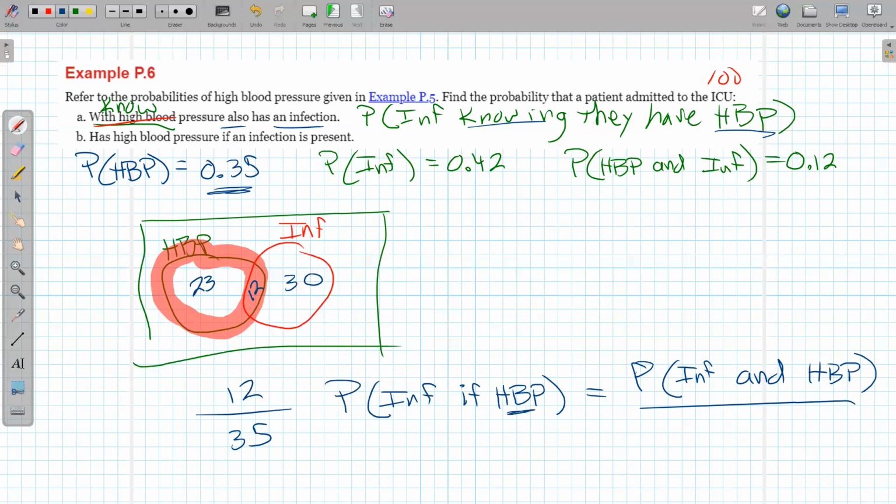That changes the denominator: the probability that they have high blood pressure. So the if is that knowledge. And again, you've got to get used to reading these to figure that out. Find the probability that a patient admitted to the ICU with high blood pressure. That gives me that if.